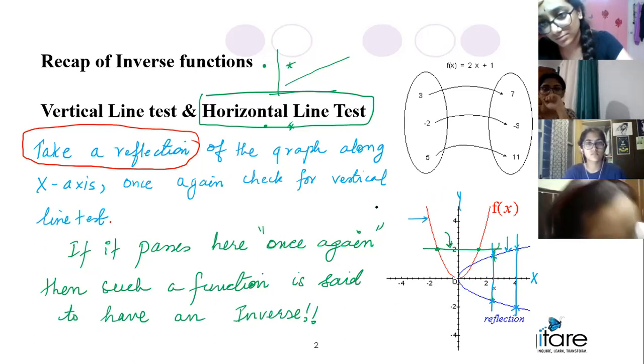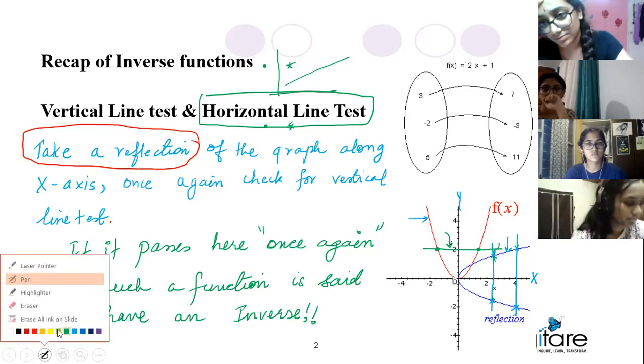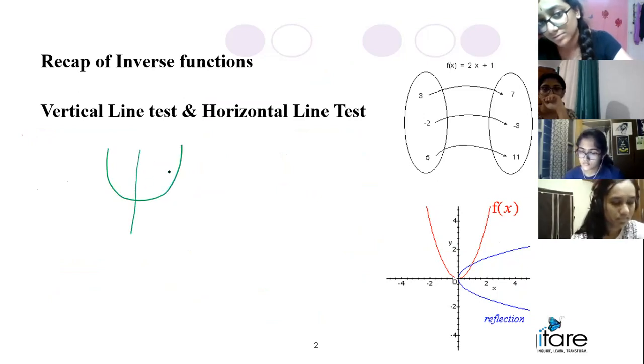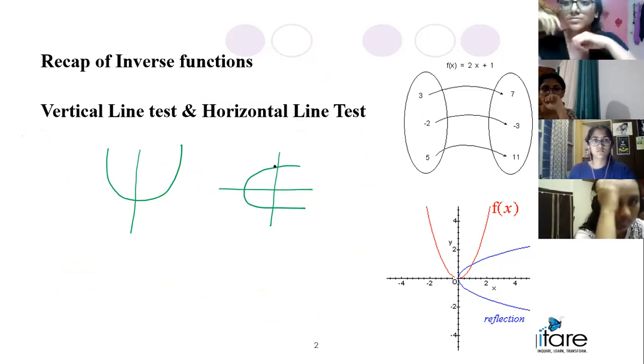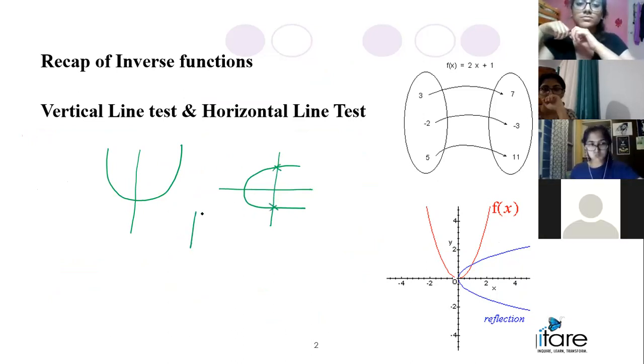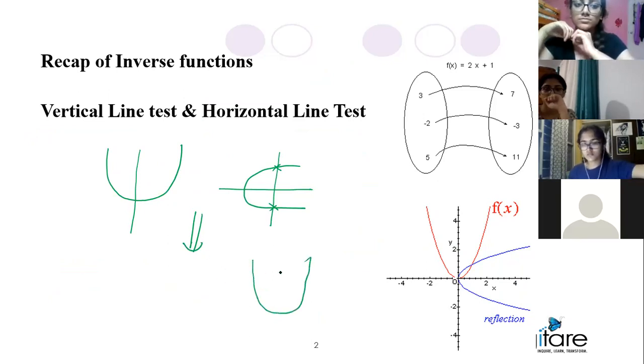Yes, sir. So till now, what I have said is a two-step process. First you take the graph and verify whether it is a function or not. Then you take the same graph, reflect it, and once again do the vertical line test. Instead of doing this, you take that graph and do a horizontal line test.